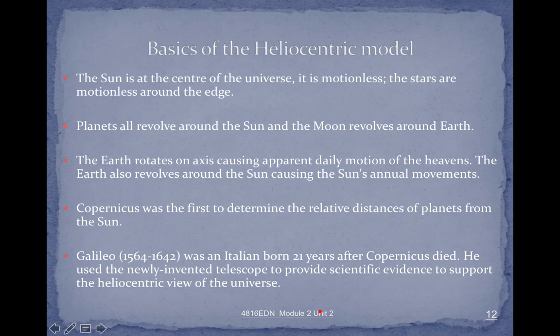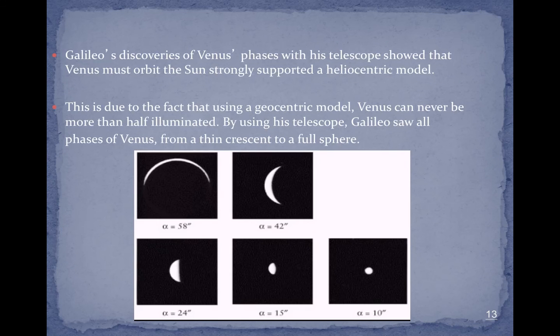Copernicus also determined the relative distances of the planets from the Sun. And Galileo, poor old Galileo, who was imprisoned, he used the newly invented telescope to provide scientific evidence to support the heliocentric view of the universe. The way he did that was he actually discovered that Venus goes through phases. If you think about our moon, we see different phases of the moon.